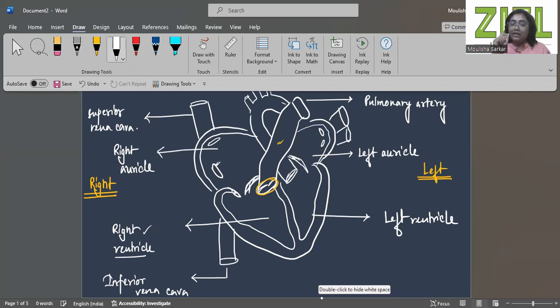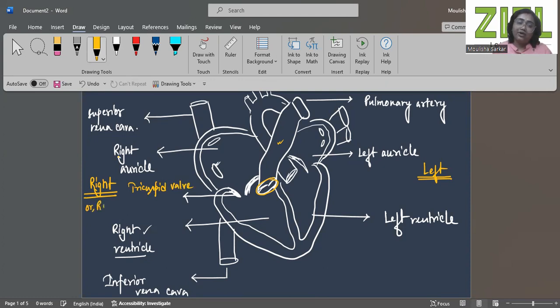So these valves are present at the junction of the right auricle and right ventricle. As you can see the two flaps of the valve, this valve is known as the tricuspid valve, or you can say it's the right atrioventricular valve.